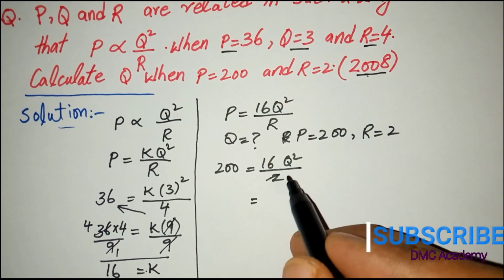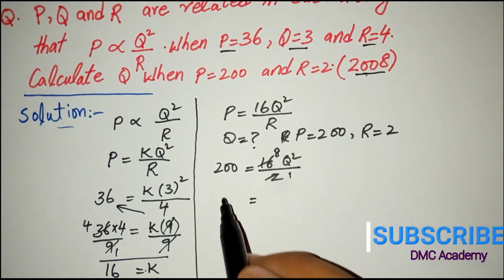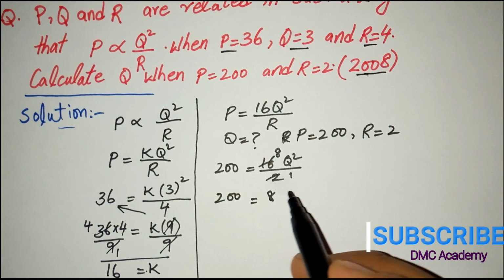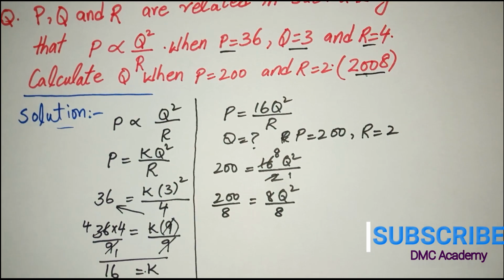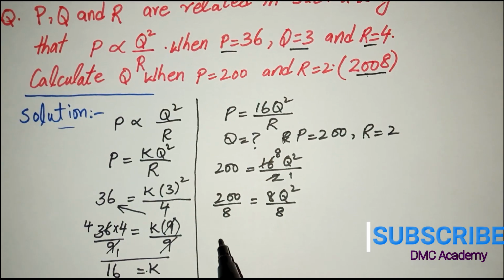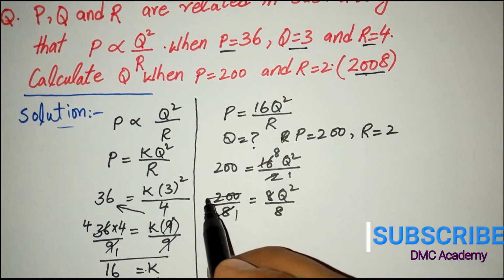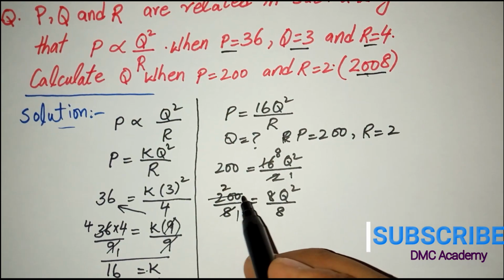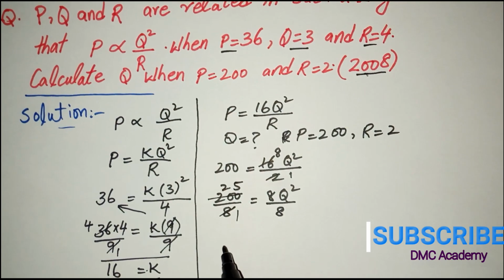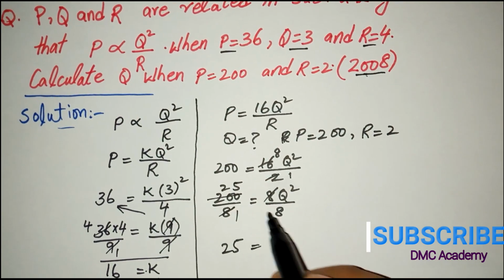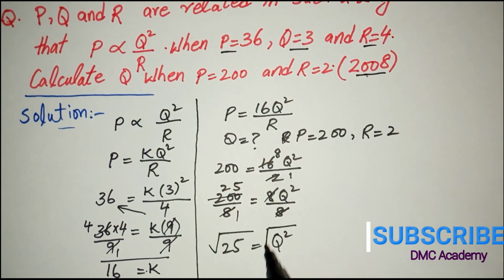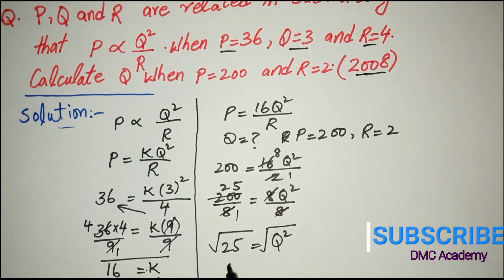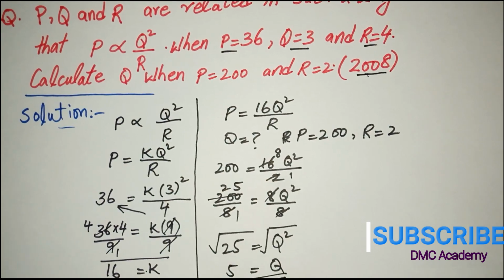It means 2 into itself 1, 2 into 16 is 8 times. So 200 equals 8 Q square. Let us divide by 8 on both sides. On this side, 200 divided by 8 gives 25. So 8 cancels with 8, and here Q square. Let us take the square root on both sides. The square root of 25 will be 5. So that's your value of Q.